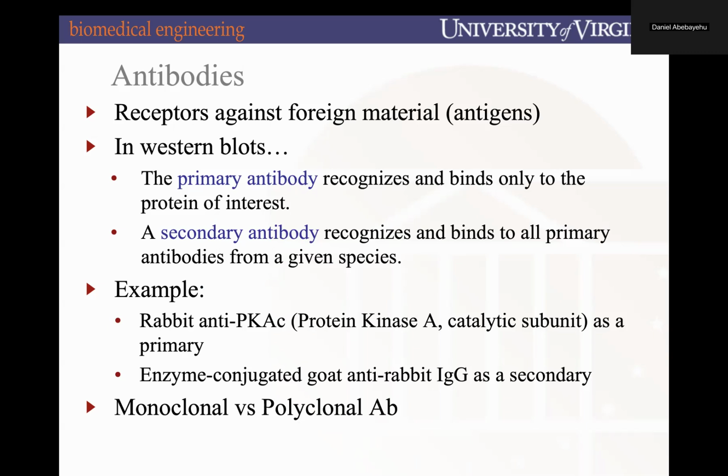Would it only bind to one specific flavor? It depends on how that secondary antibody was developed. There are regions of IgG that are common across all those flavors, but then there are regions that are specific to IgG1, IgG2, IgG3, and IgG4.